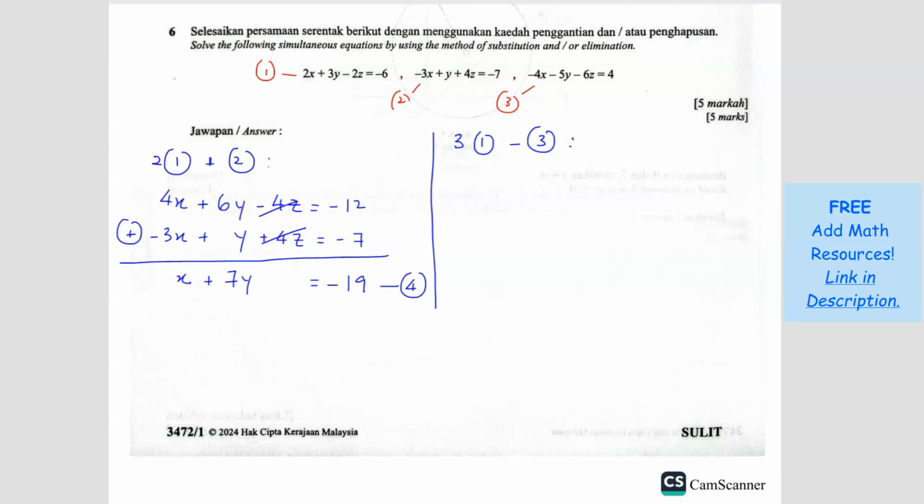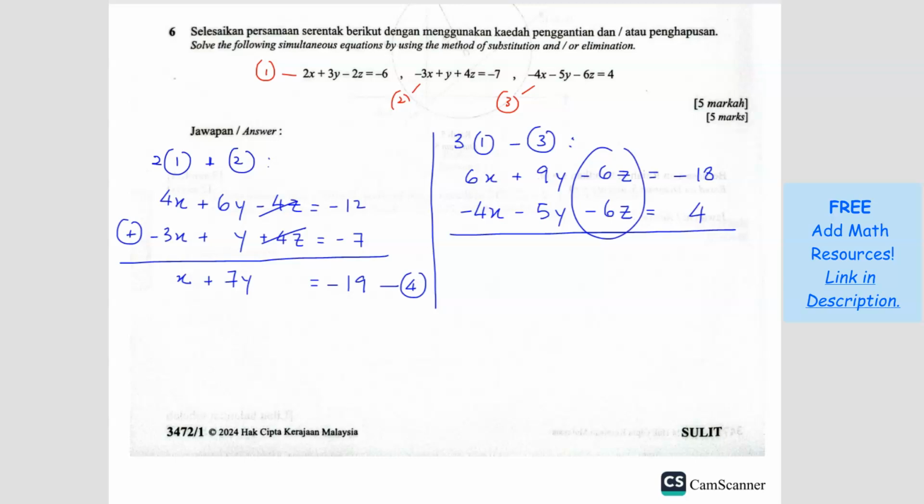So it becomes 3 times the first one, plus 9y minus 6z equals -18. Then the third will stay the same, no change. How are we going to eliminate again?